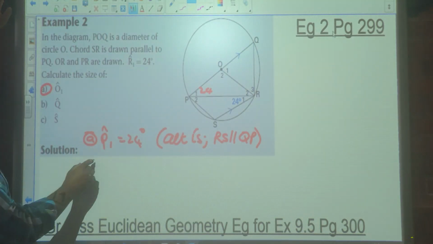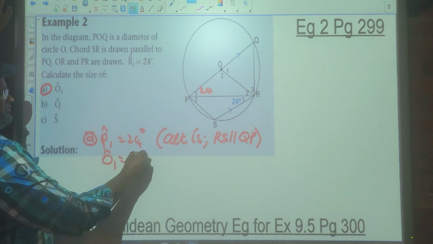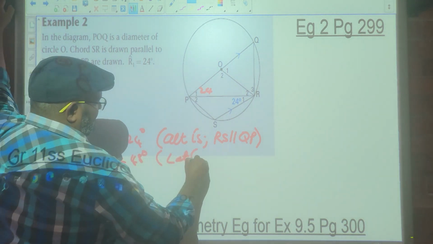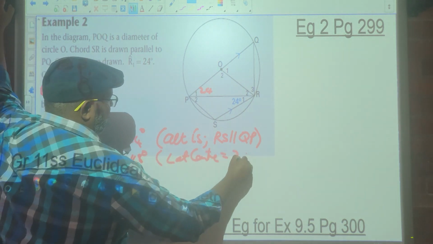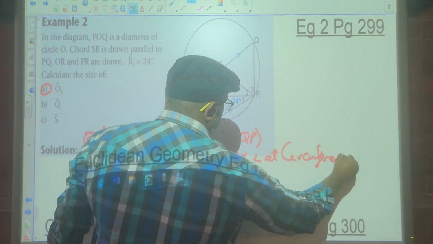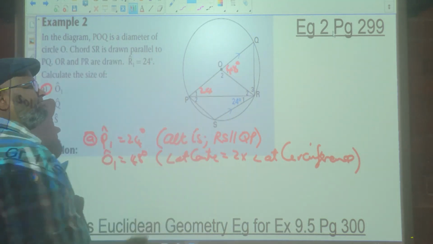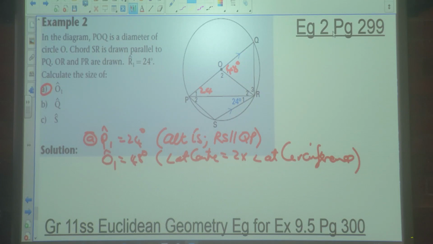And then O1 is double 24, which is 48. Why? Angle at center is equal to 2 times angle at circumference. 48. Right, so that job is done.